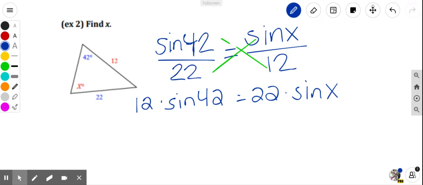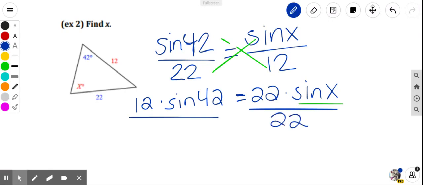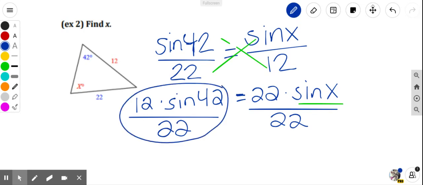You could do 12 times sine of 42, but instead I'm going to move this 22 over. If we're trying to solve for x here, we need to isolate sine of x. And at the very end, since we're finding an angle, we would use an inverse. So I'm going to first divide both sides by 22, and then I can put this whole thing in the calculator and then do the inverse of that.